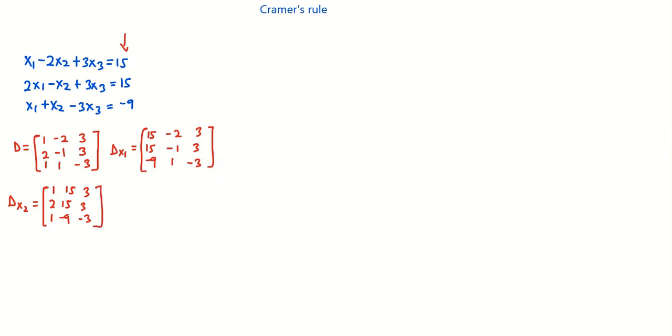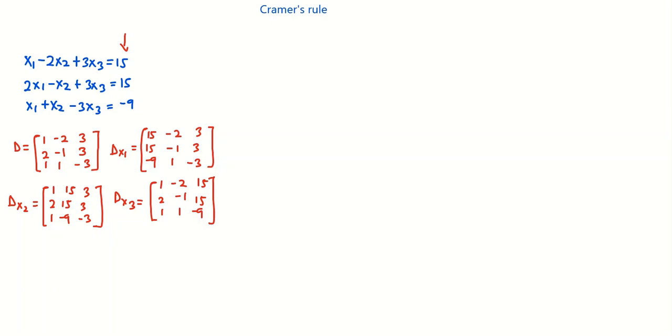And then the last one will be dx3, which will be equal to 1, 2, 1, minus 2, minus 1, 1, and then 15, 15, minus 9.